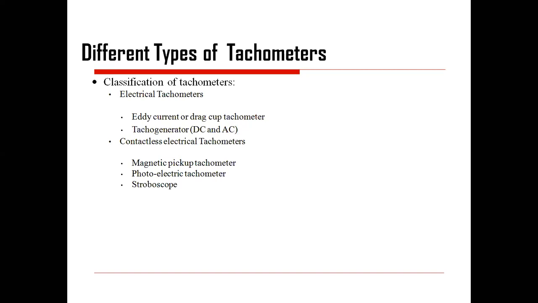Here, in the electrical type of tachometer, the resultant output of the speed is calibrated in terms of voltage or current, and that voltage or current is further converted into speed.